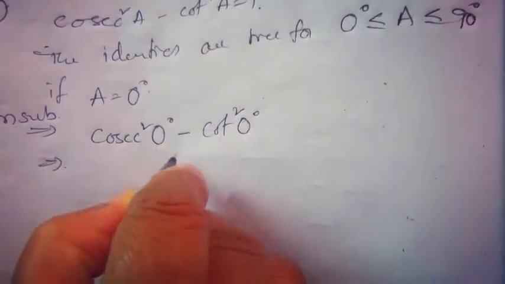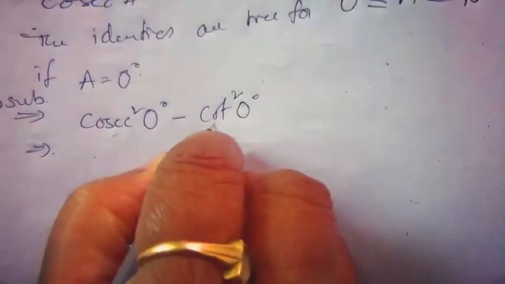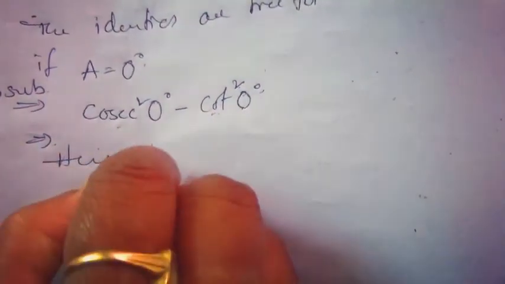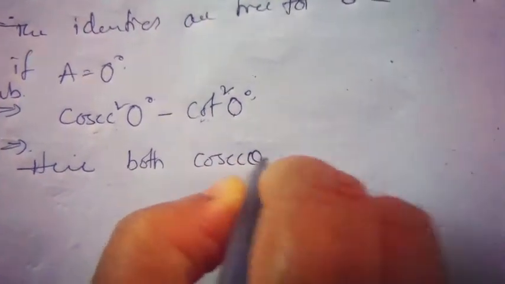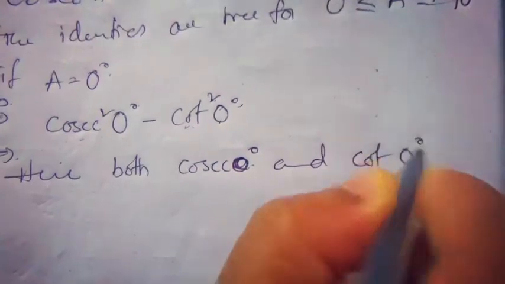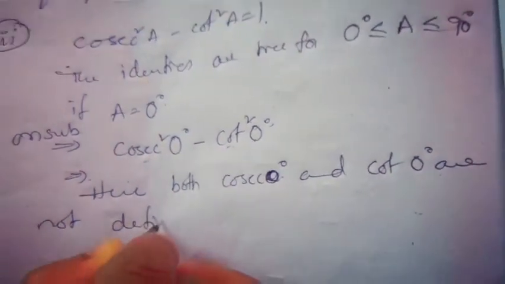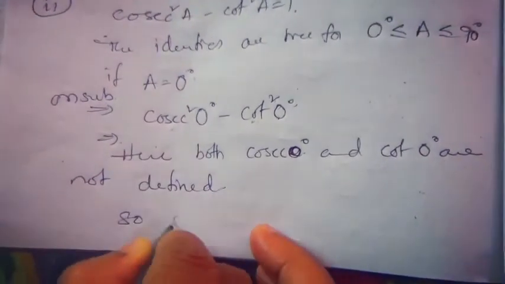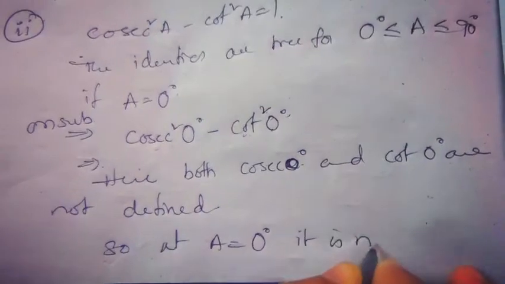Cosecant 0 degrees and cot 0 degrees are both not defined. So at a is equal to 0 degrees, it is not true.